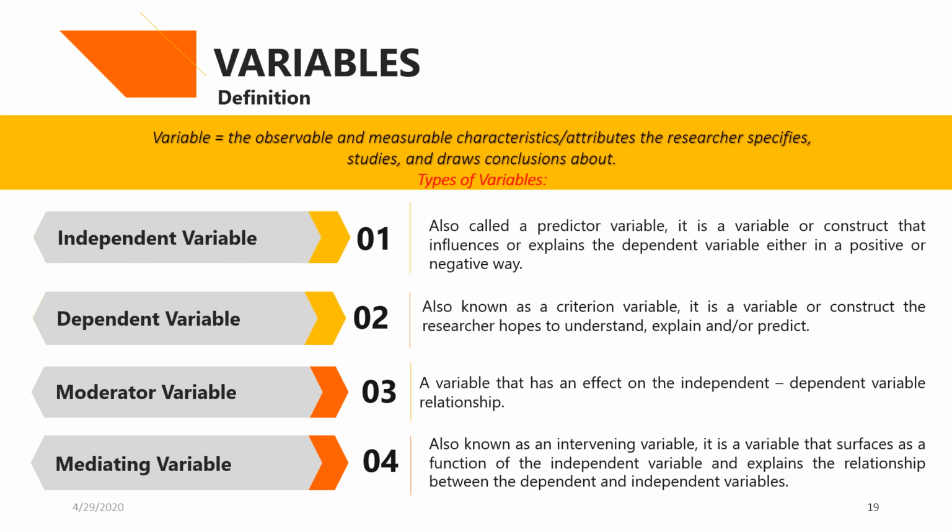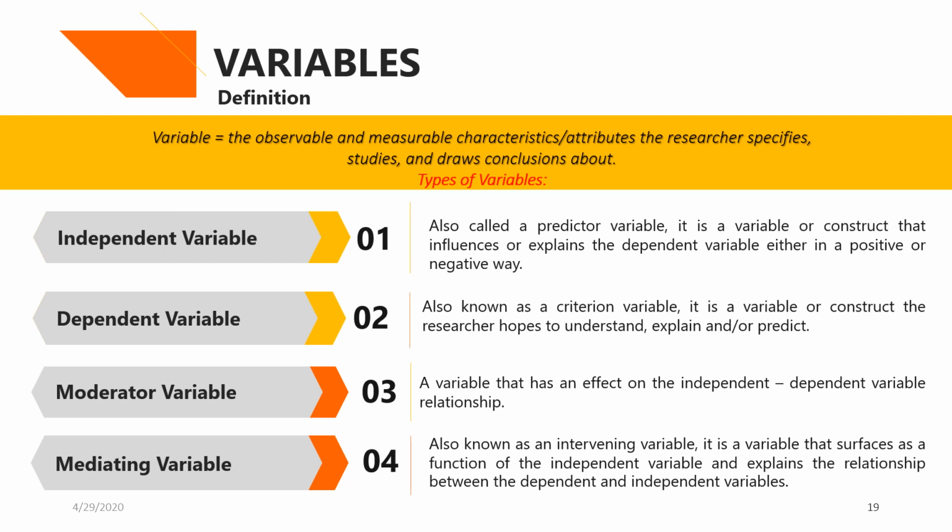And last but not least, the mediating variable. The mediating variable is also known as the intervening variable. It is a variable that surfaces as a function of the independent variable and explains the relationship between the independent and dependent variable.